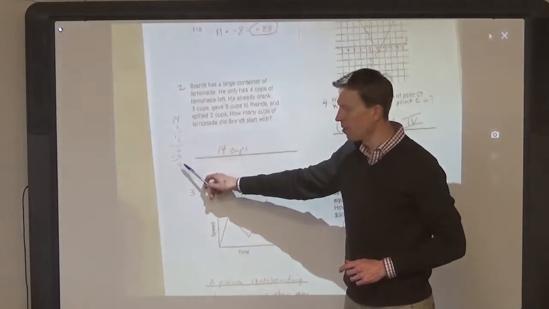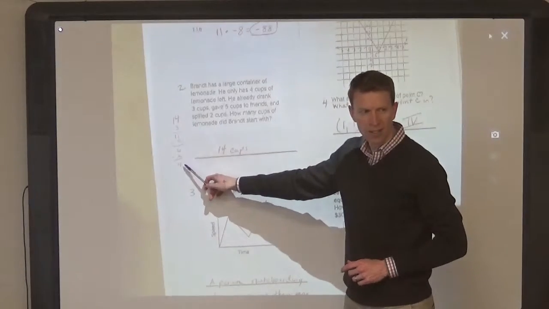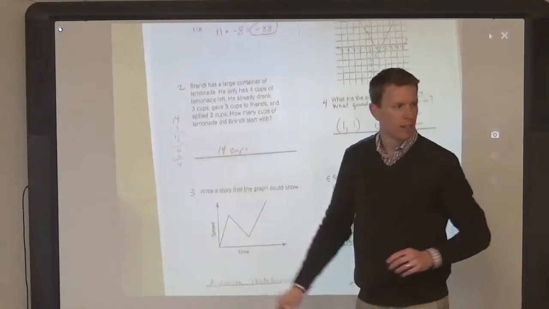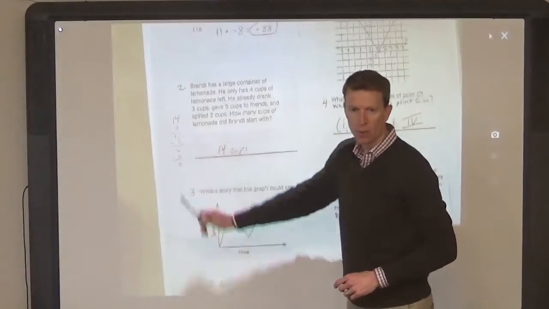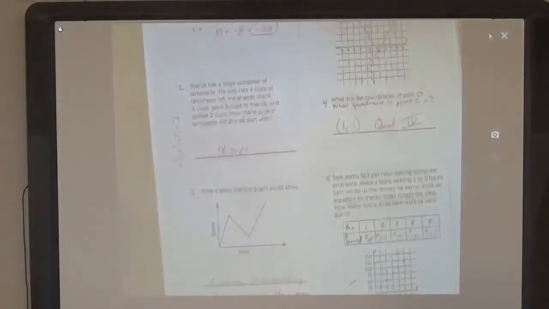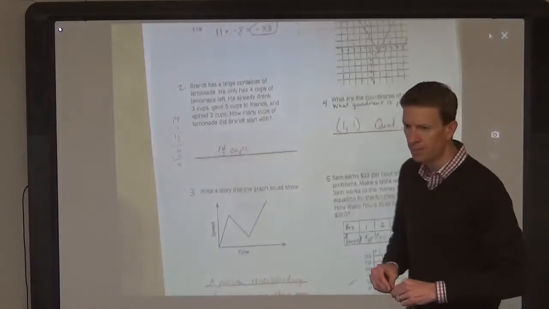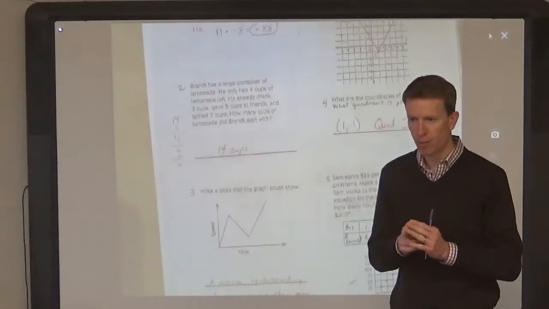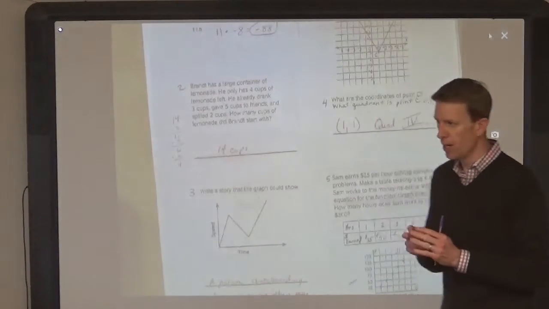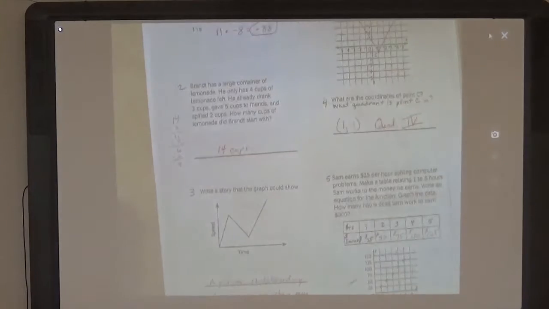And what is he left with? 4. So if you subtracted those numbers and got 4 at the end, then you know you started with the right number. So by guessing and checking, that can help you to figure it out. Okay? Working backwards and guessing and checking are probably the best 2 ways, in this case, to solve this problem.